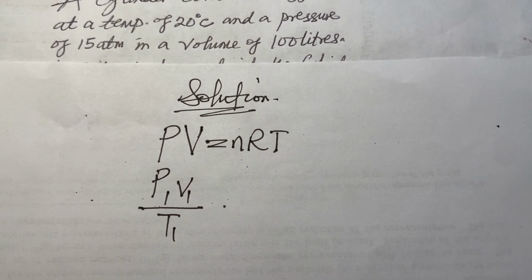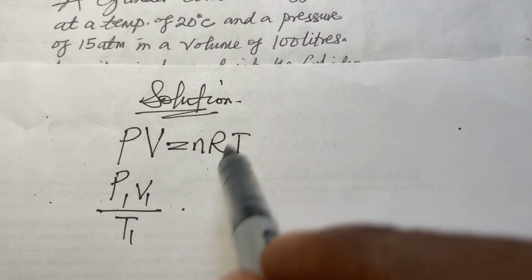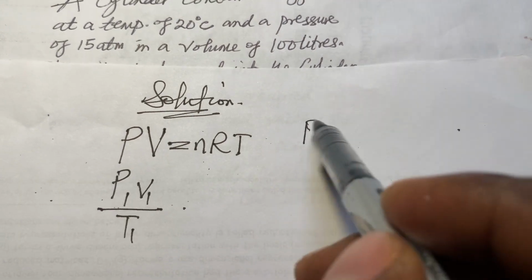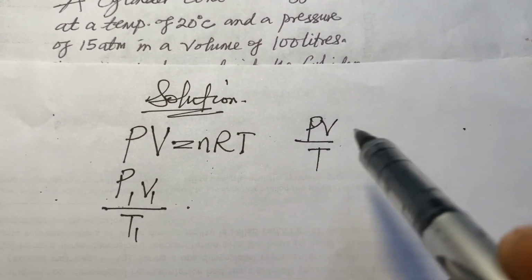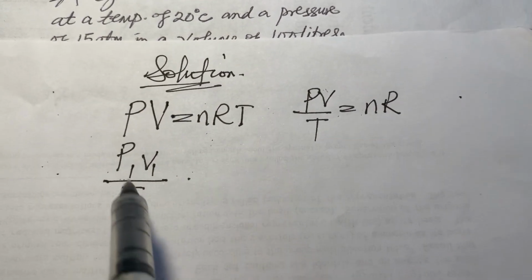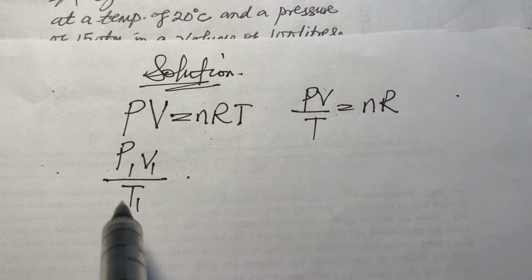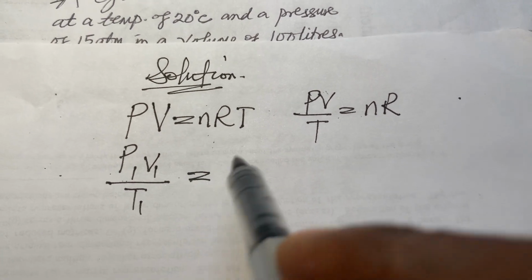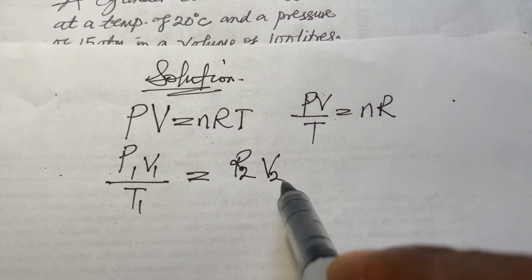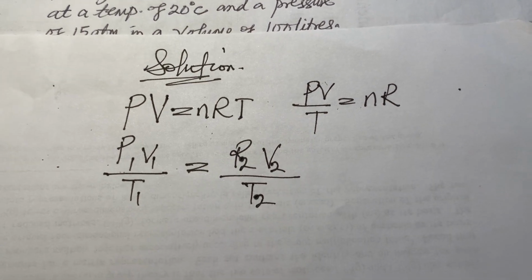This is how we could easily mesh them, because by the time you make nR the subject of the formula, you have PV over T equal to nR. So from here, you can develop the first pressure, first volume, first temperature, and also the second pressure, second volume, and second temperature.